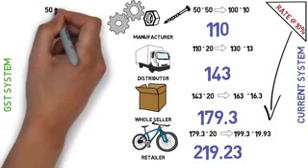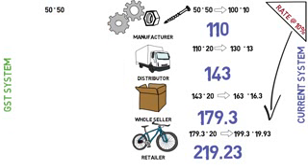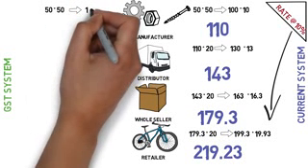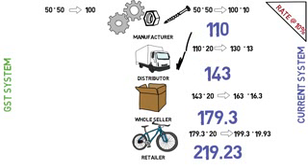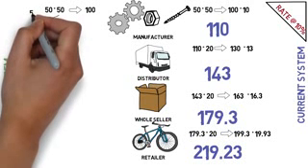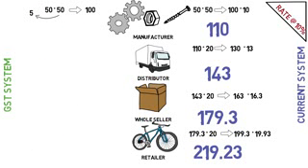Raw material of 50 rupees and the manufacturing value of rupees 50 make the product of 100 rupees. But this time, the manufacturer has to pay taxes on the value added by him, which is rupees 50. So he pays 10% of 50, which is 5, as tax from his profit.